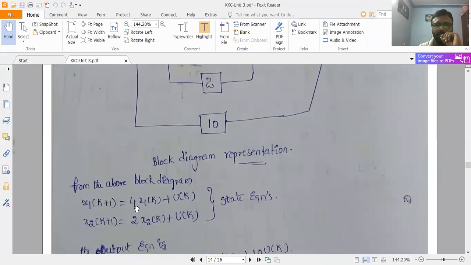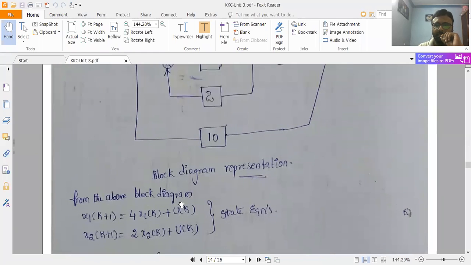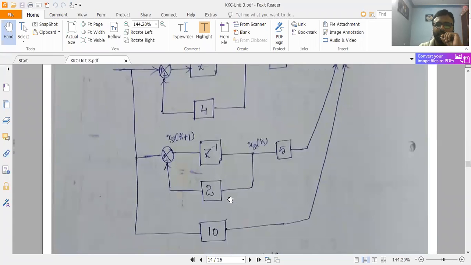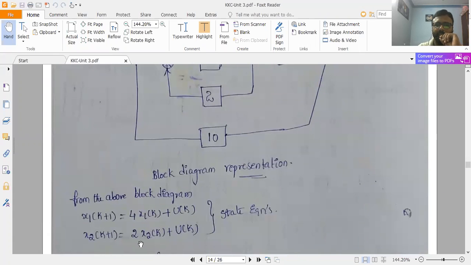Similarly, for x2 of k plus 1, the two summing values are u of k and 2 into x2 of k. Therefore x2 of k plus 1 is 2 into x2 of k plus u of k.